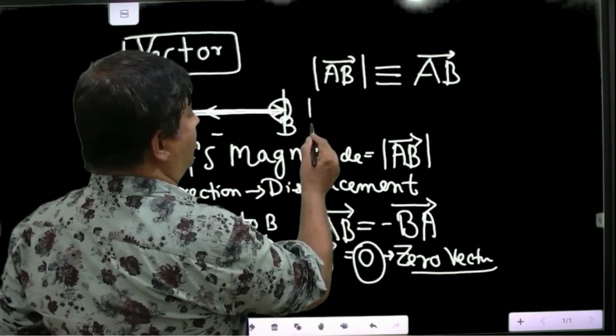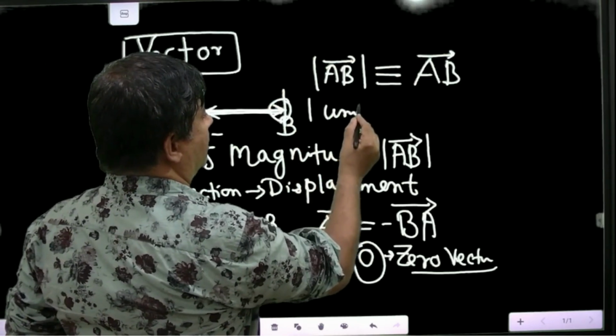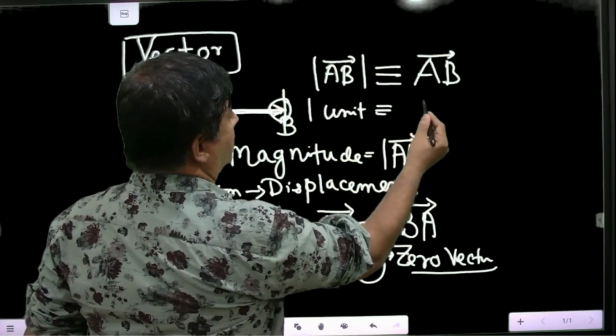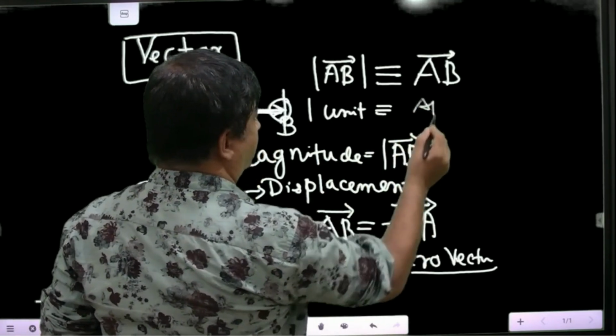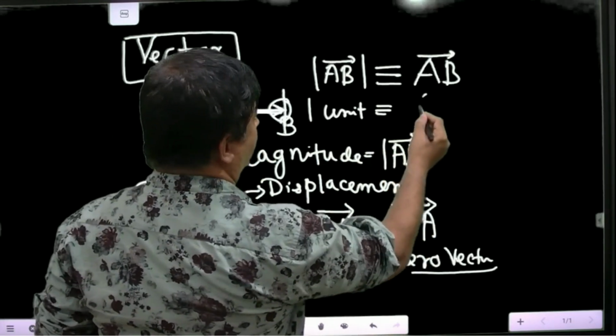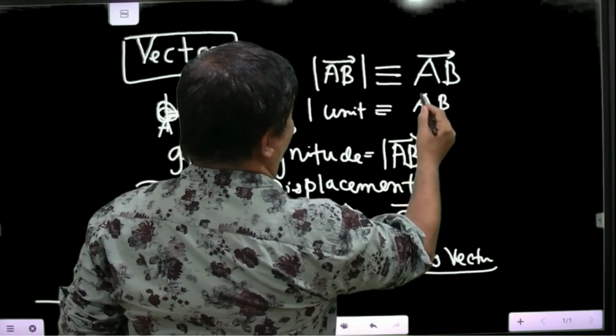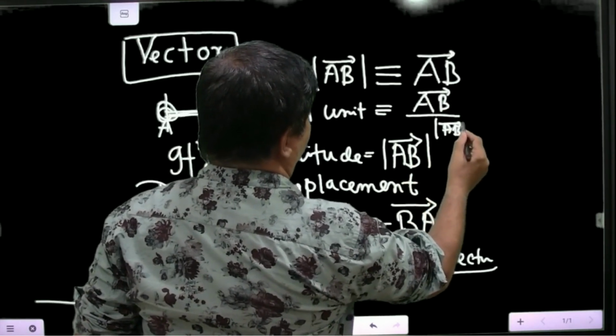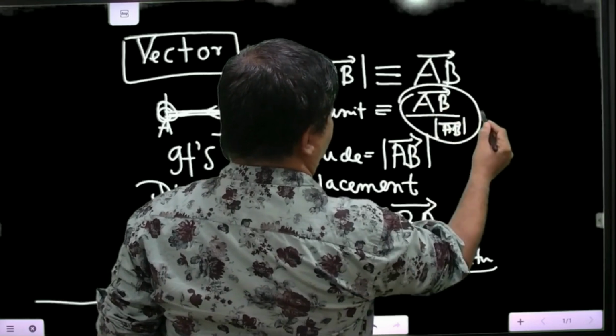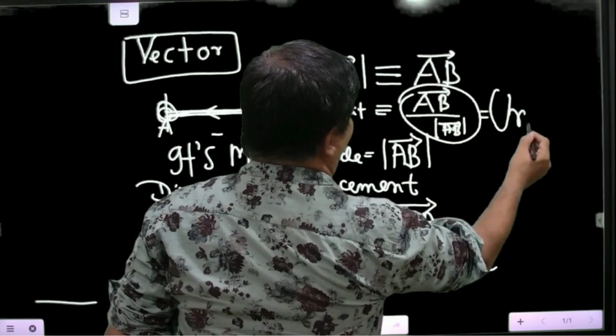So 1 unit displacement will be vector AB by its magnitude. So this thing is called unit vector.